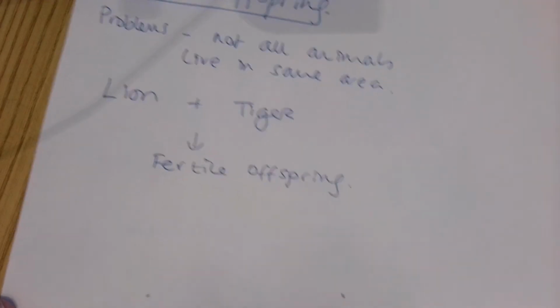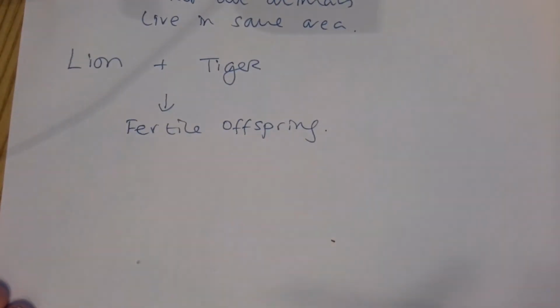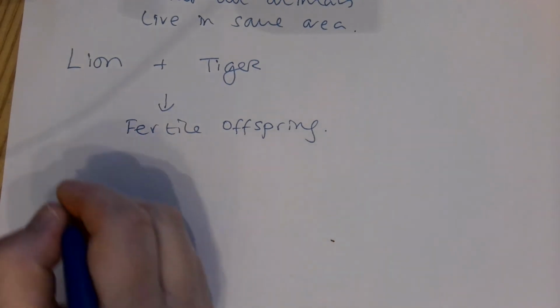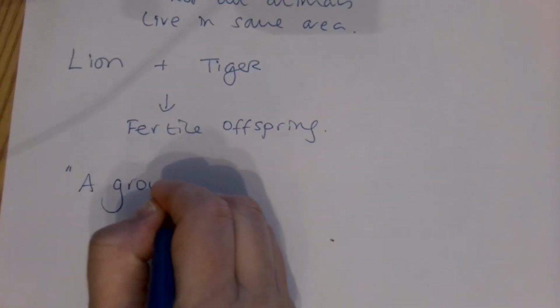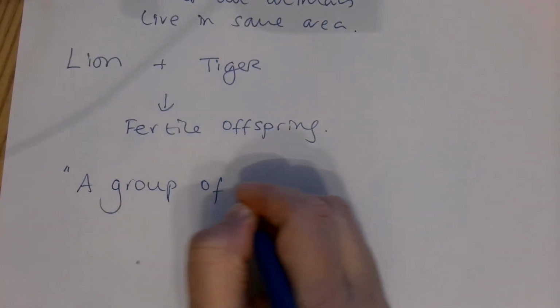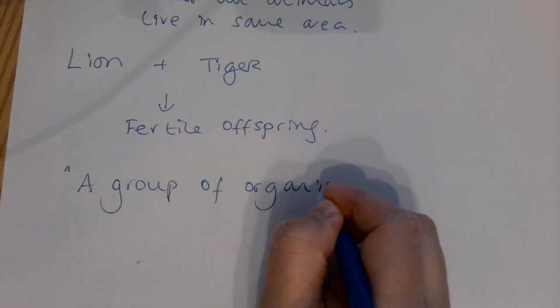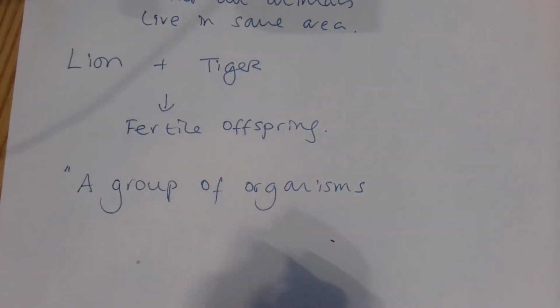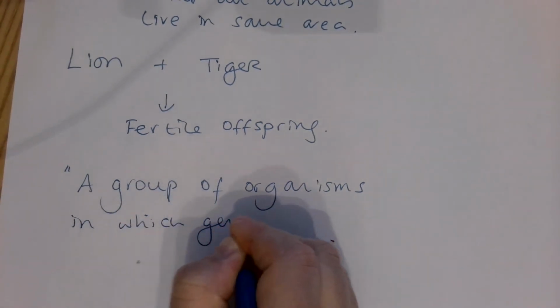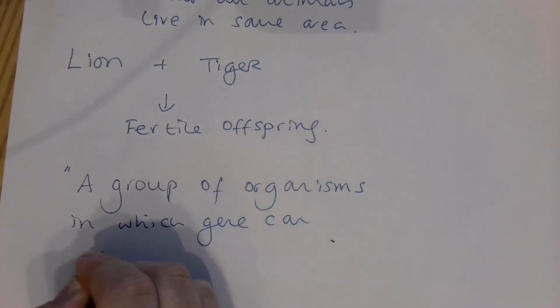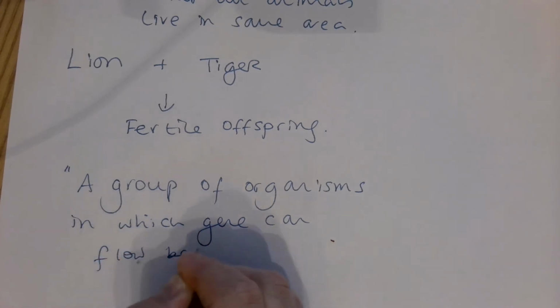And so now, instead of the definition we used to know, species that can get together and produce fertile offspring, we can redefine that. How we redefine it now is: a species is a group of organisms in which genes can flow between individuals.